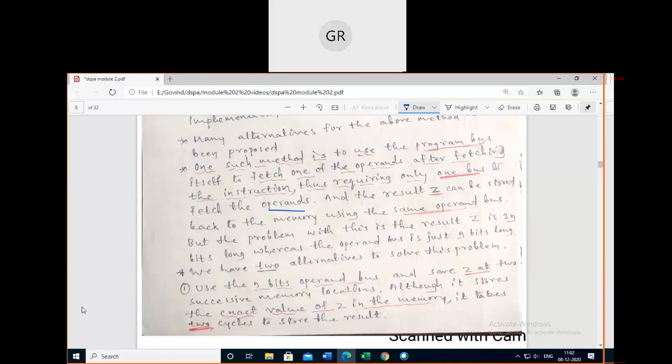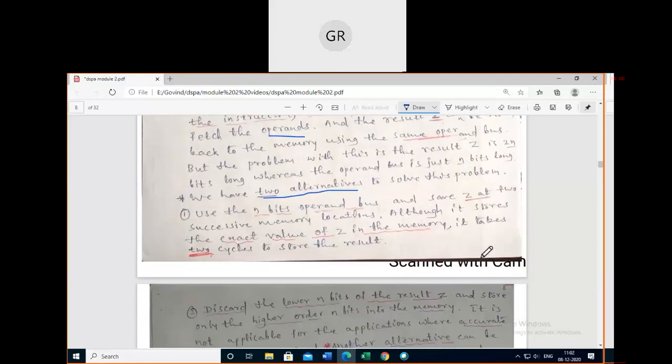Okay, see here, we have two alternatives to solve this problem. One is to use the n bit operand bus and save z at two successive memory locations.